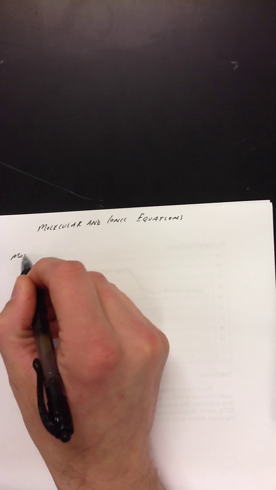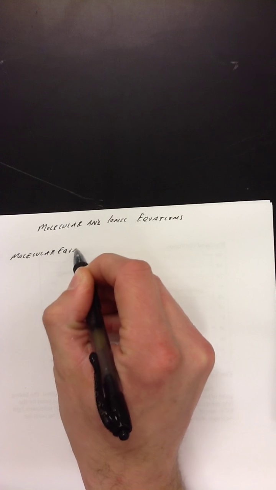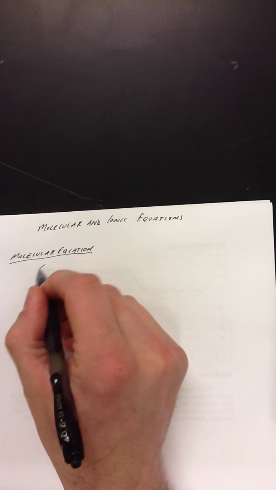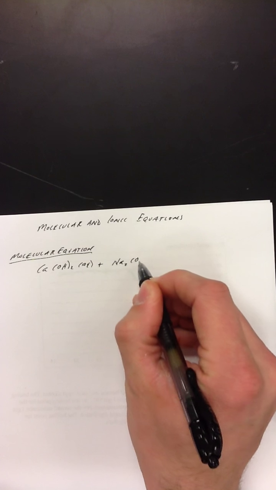Molecular equation. We said that we are taking calcium hydroxide, Ca(OH)2, which is in solution, so aqueous. So we have calcium hydroxide, aqueous, plus sodium carbonate, Na2CO3, which is also aqueous.